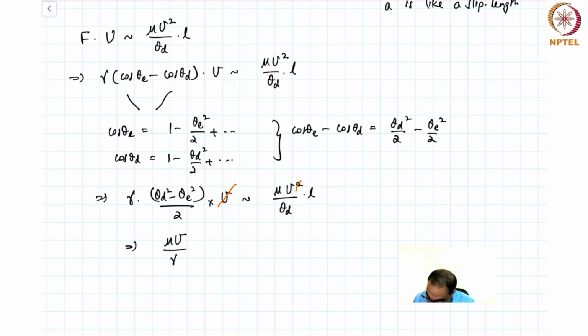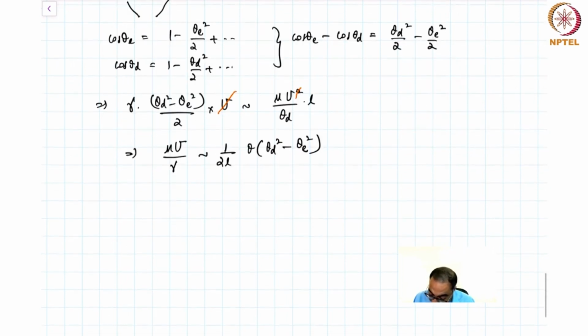That goes like 1 by 2L times theta d square minus theta e square, and this is nothing but a relationship between the capillary number and 1 by 2L theta d times theta d square minus theta e square.